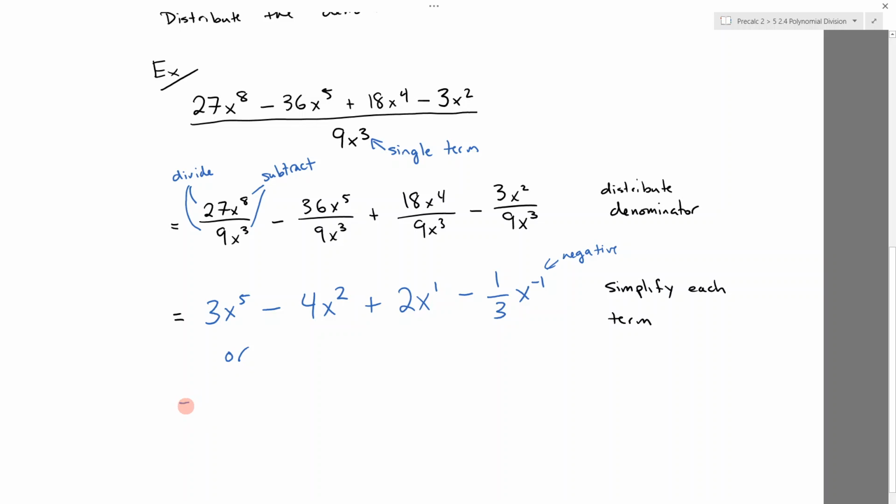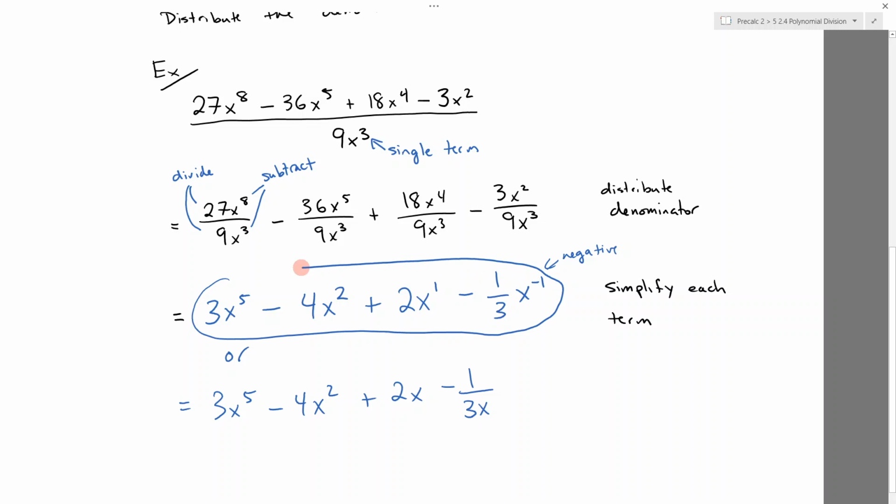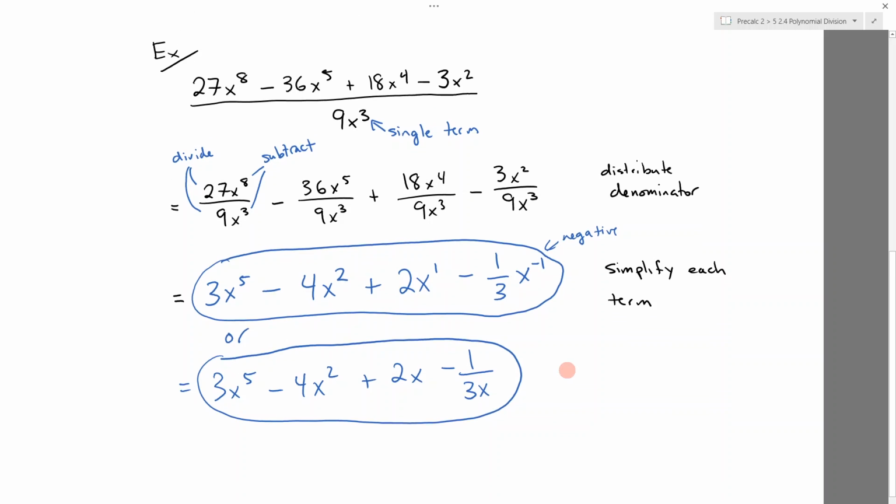So another way to write this is 3x to the 5th minus 4x squared plus 2x minus 1 over 3x, where this x now goes into the bottom. So either way is okay. Sometimes it's better to write it in the first way, or sometimes it's better to write it in the second way.